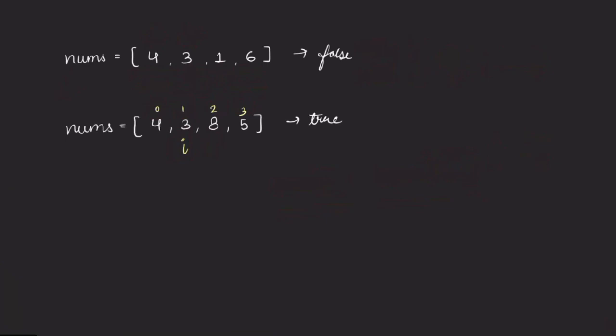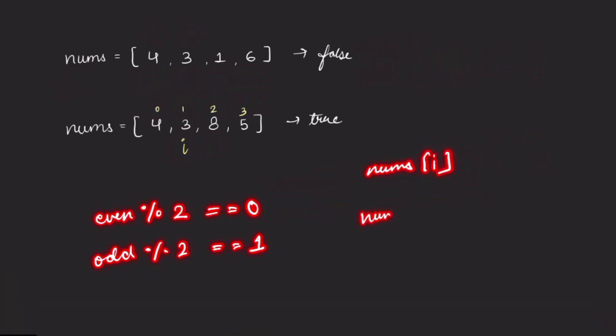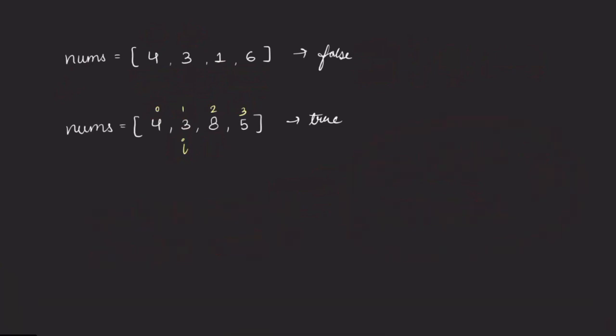And for checking that one is even and one is odd, see, when we do the modulus of an even number with 2, we get a 0, and when we do the modulus of an odd number with 2, we get a 1. So whatever is nums of i and nums of i minus 1, if I do their mod with 2, the results should not be equal. Because if both give a 0, then both are even. If both give a 1, then both are odd. So these should not be equal.